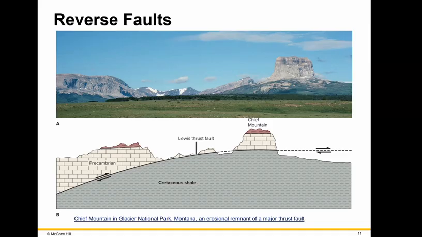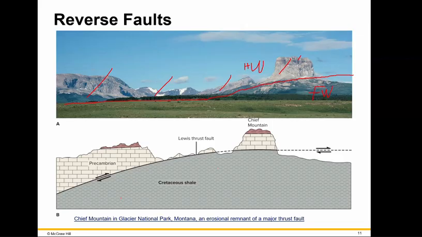So you have a thrust fault that runs all along this area here. So all of this unit here has been brought up. So this is the hanging wall, if you like. And this is the what? The footwall.